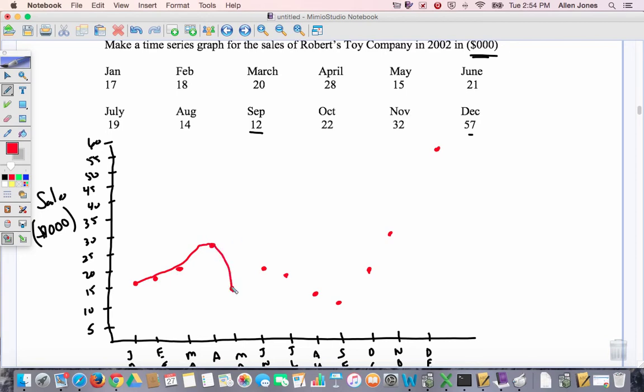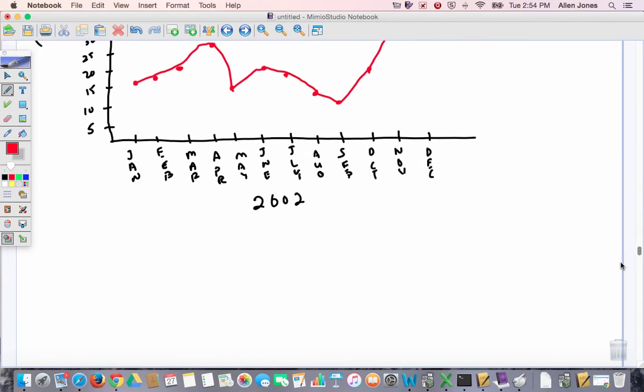And we connect those with a line. And there's our time series graph.